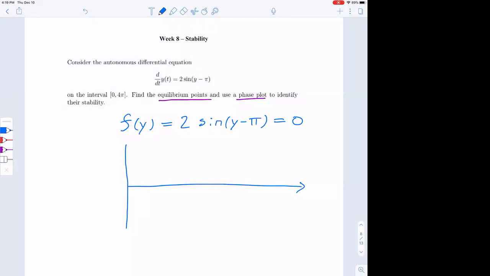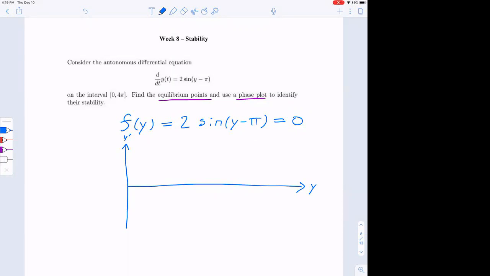Now remember, this is y versus y prime, if you like, or dy dt. So we have y going horizontally and y prime going vertically. The y is in the usual position of where we might tend to write x more often.